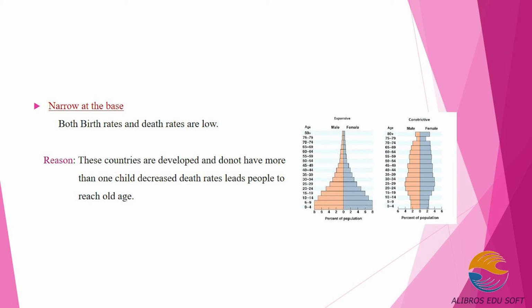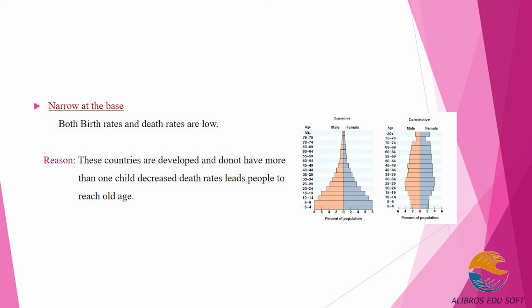Next, shape of pyramid: narrow at the base. This type is for countries where both birth rates and death rates are very low. These are seen in developed countries. You can see the image of such kind of pyramid here.